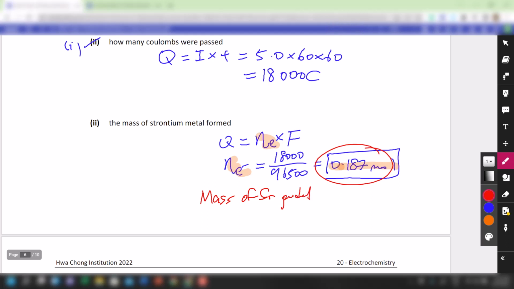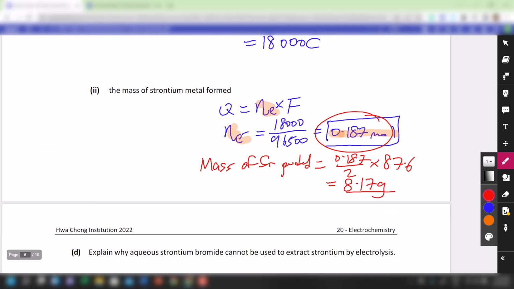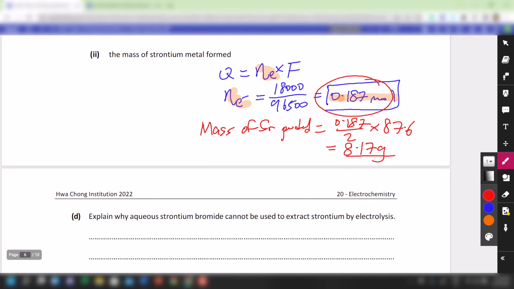That will be 0.187 divided by 2, multiplied by the relative atomic mass of strontium, 87.6, and then we get 8.17 grams. Do punch your calculator and double check whether this value is correct.